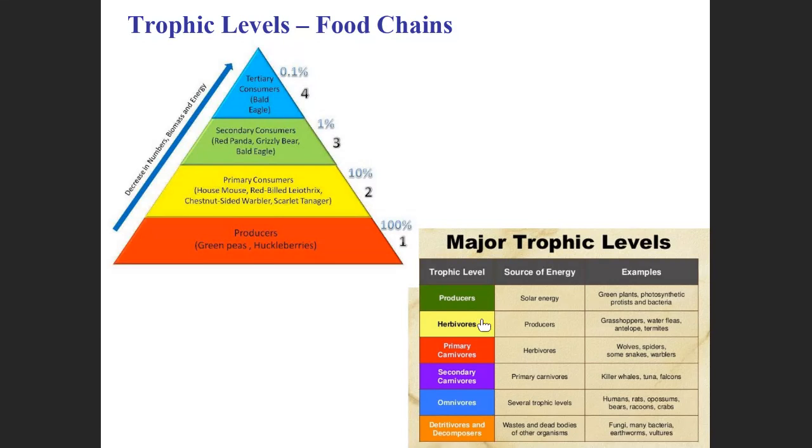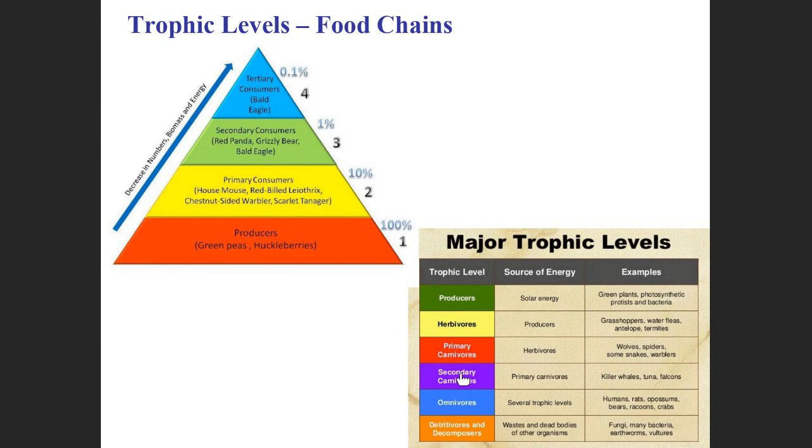And here are some examples of the different trophic levels. Producers: all green plants and most photosynthetic organisms. Herbivores, they eat the producers: insects and certain other animals, like cattle, horses, those kinds of things. A primary carnivore is one of our secondary consumers, and they eat the herbivores.